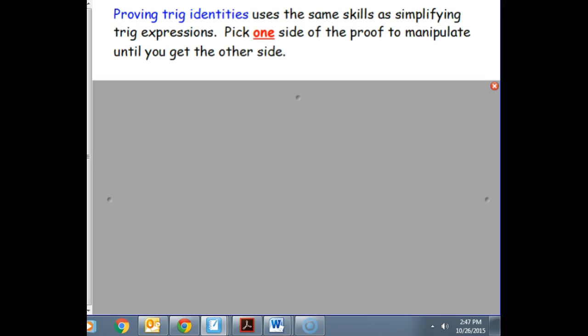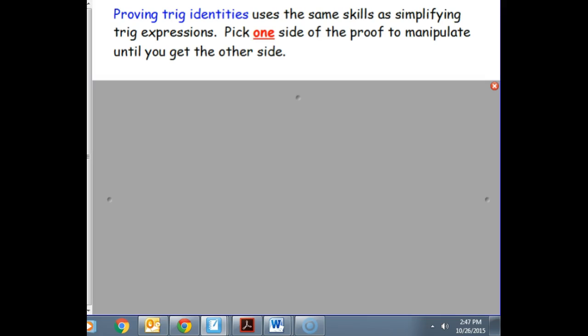You have to prove that it actually equals the other side. And yes, I'm not going to give you one that does not equal the other side. They will all equal each other. You have to prove that they do, though, okay? You have to actually show the work in steps that they actually equal the other side.